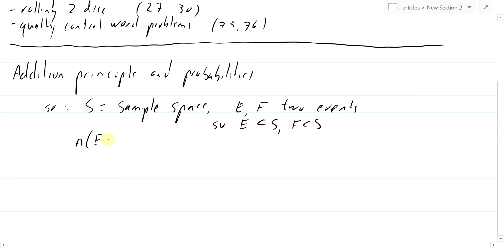from chapter 7 that the addition principle is this. The number of things in E union F is the number of things in E plus the number of things in F minus the number of things in the intersection, right? Because you don't want to double count the intersection. But remember that union is usually or, intersection is usually and.